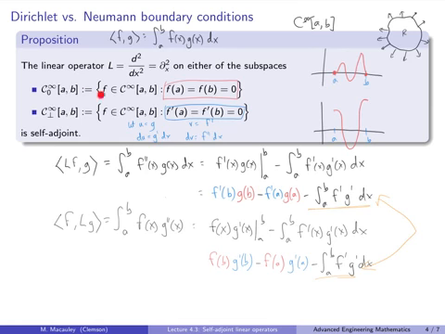Let's consider this first space. Now f and g have the property that f and g are both 0 at the endpoints. So let's look at this multicolored thing, f prime of b, g of b minus f prime of a, g of a. Well, in the first case, in these type 1 boundary conditions, g of b is equal to 0, and g of a is equal to 0.